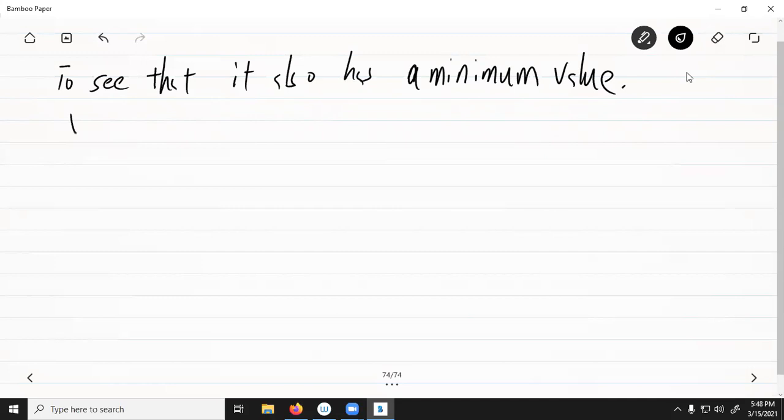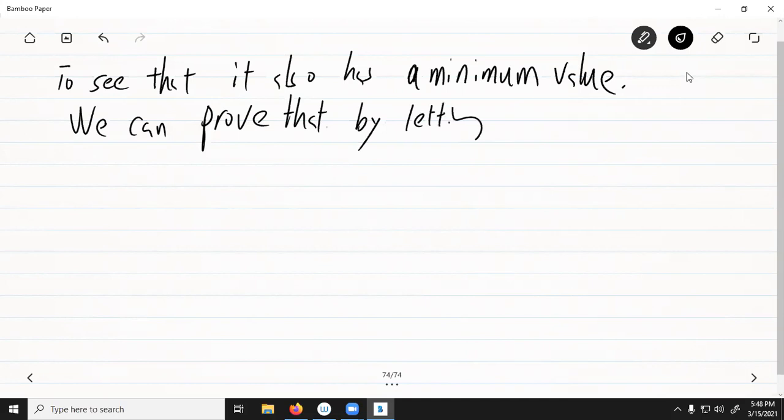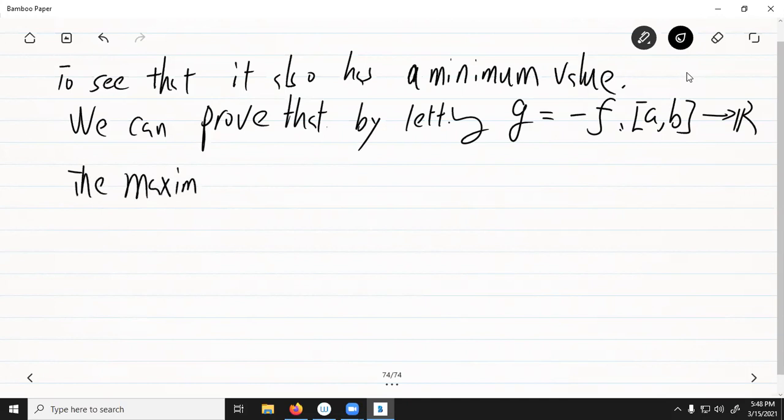We can prove that by letting G equal negative F, which is also from A to B. And we notice that the maximum of G is the minimum of F because it's equal to negative, right?